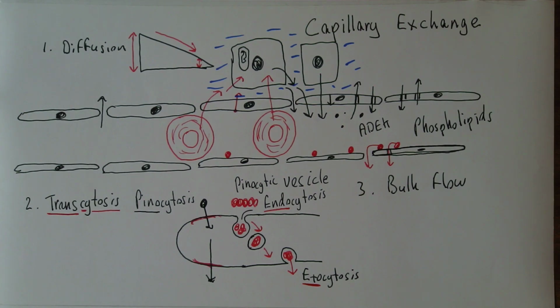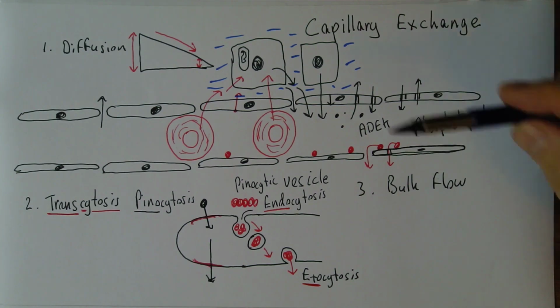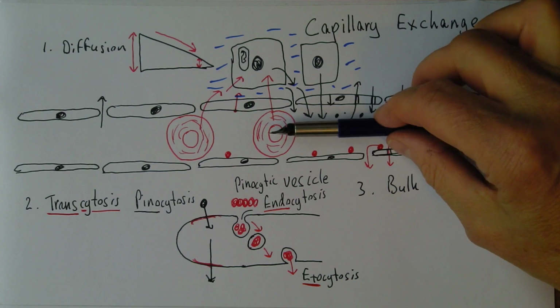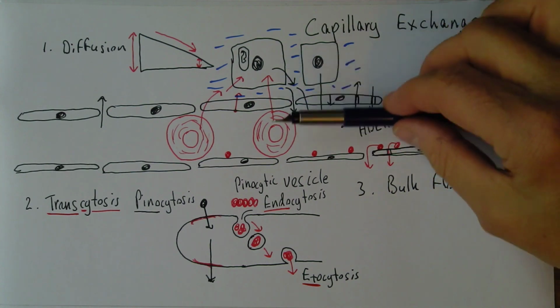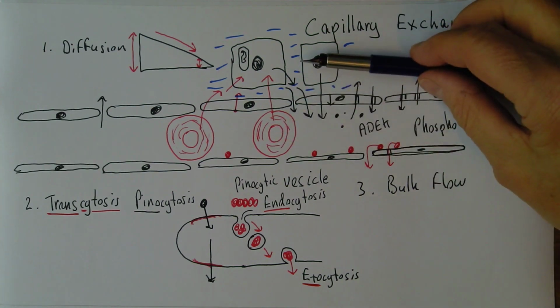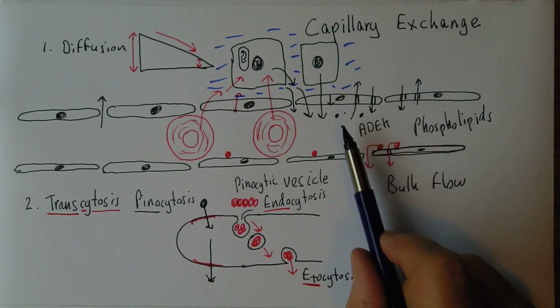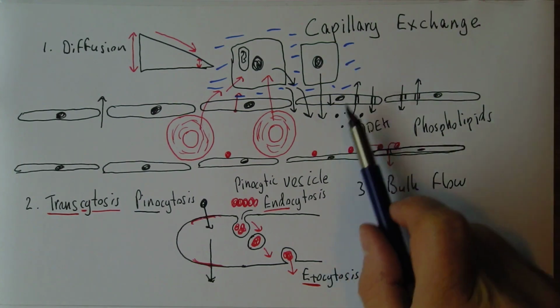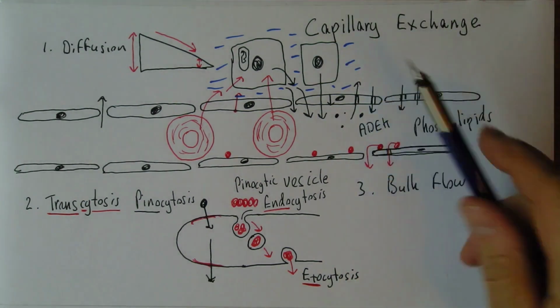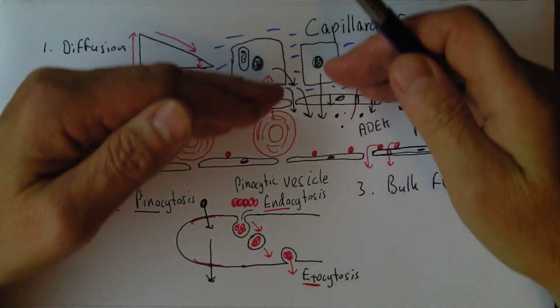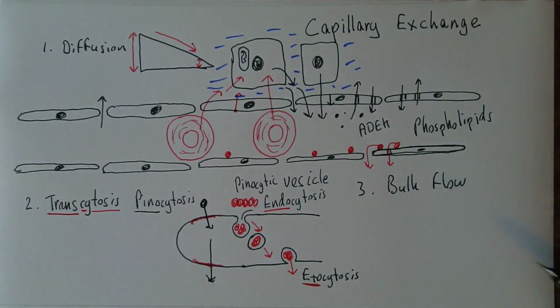So we need this regulation of material. We need the regulation of the concentration of proteins and the regulation of the amounts of water. We don't want the blood to become fluid overloaded and the interstitial fluid to become dehydrated. We need this balance. And this is facilitated by bulk flow. And there's two processes here.